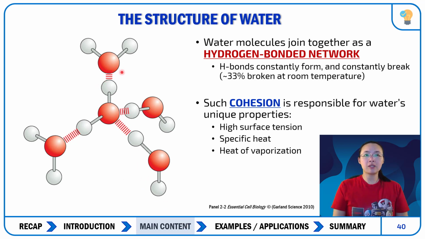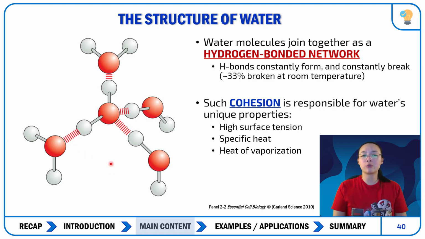Because of this tetrahedral bonding, this creates what we call a hydrogen bonded network of water molecules. It's very important to understand because this network is always fluid and always changing. At any given point in time, it's not going to be 100% of these water molecules that are hydrogen bonded to each other.